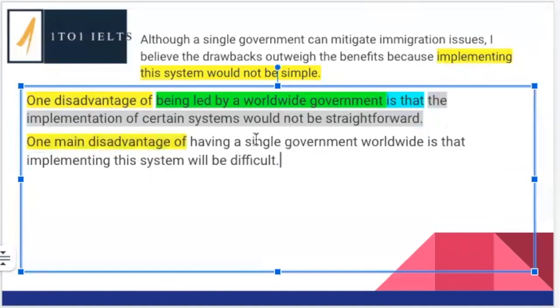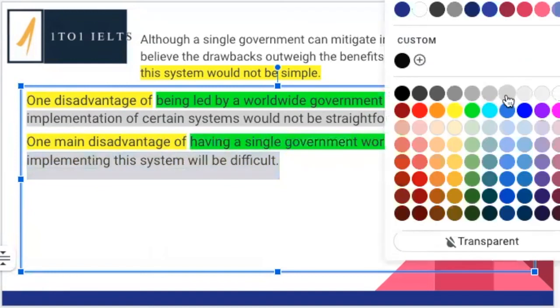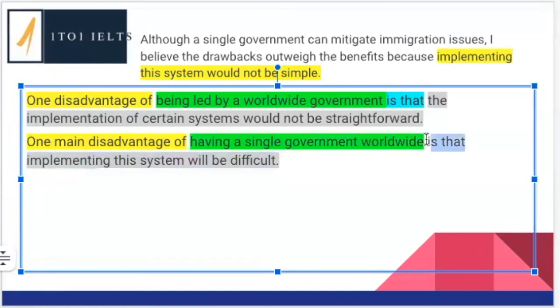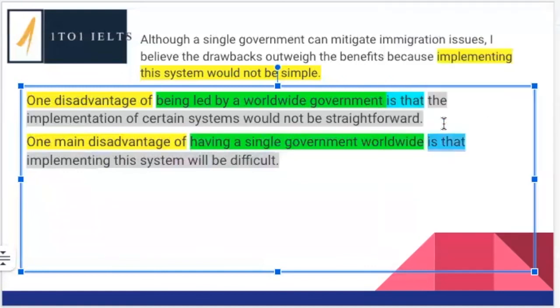So one main disadvantage of having a single government worldwide is that implementing the system will be difficult. Guys, you're making this look too easy. Well done. Really, really good.